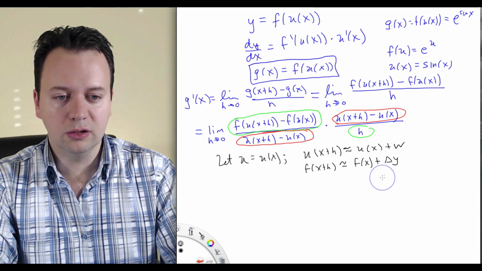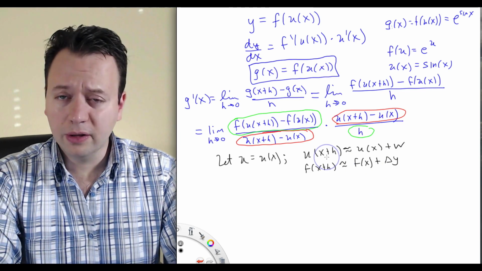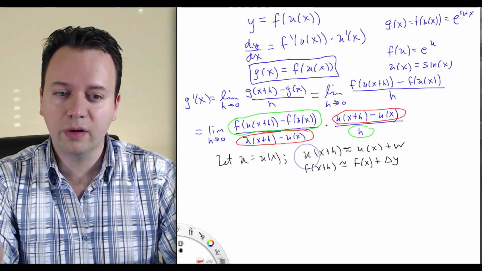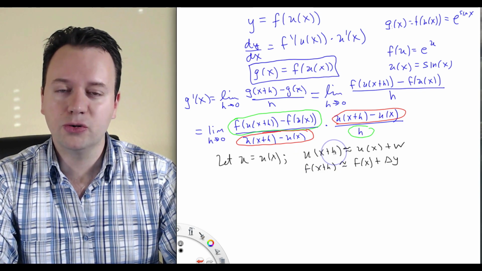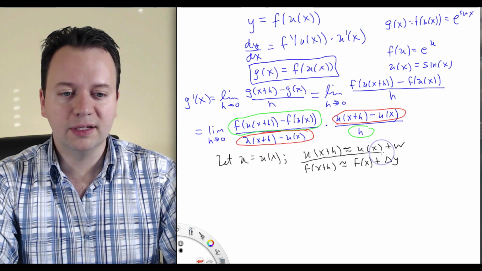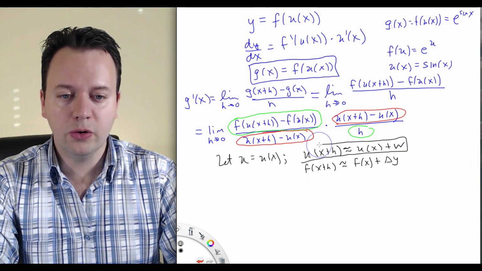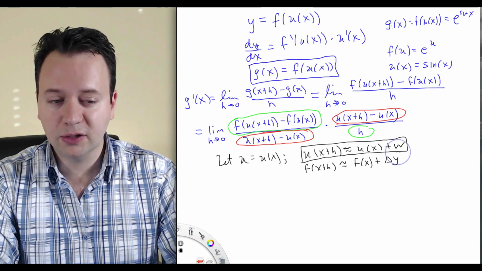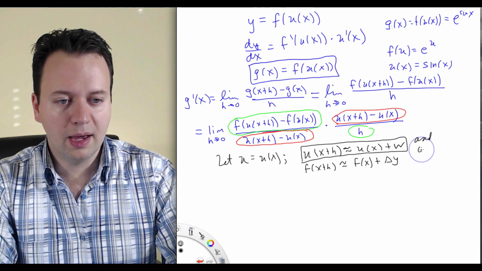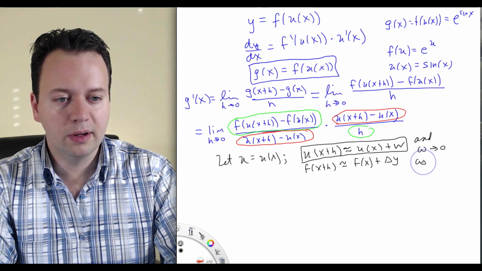The idea is that if the function u is continuous and h is small enough, u of x plus h will be very close to u of x. So u of x plus h will approximately equal u of x plus a small factor w, and w goes to 0 as h goes to 0.